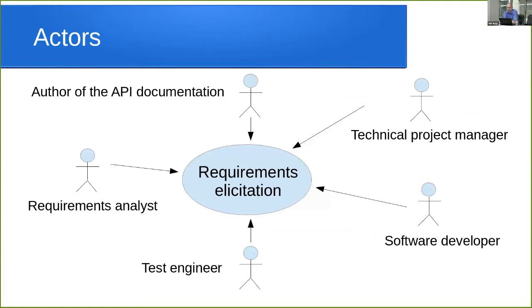Here I start to discuss our requirements solicitation process, and these are the key actors of this process. They are the author of the API documentation, technical project manager, software developer, test engineer, and requirements analyst. I will explain the responsibilities of these actors on the next slide. But on this slide, I should say that we don't need 5 persons here to implement our requirement solicitation process.